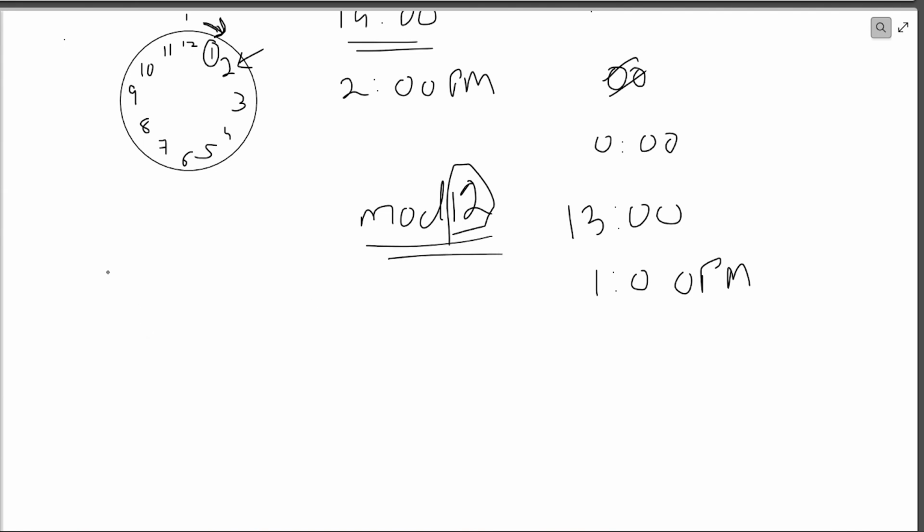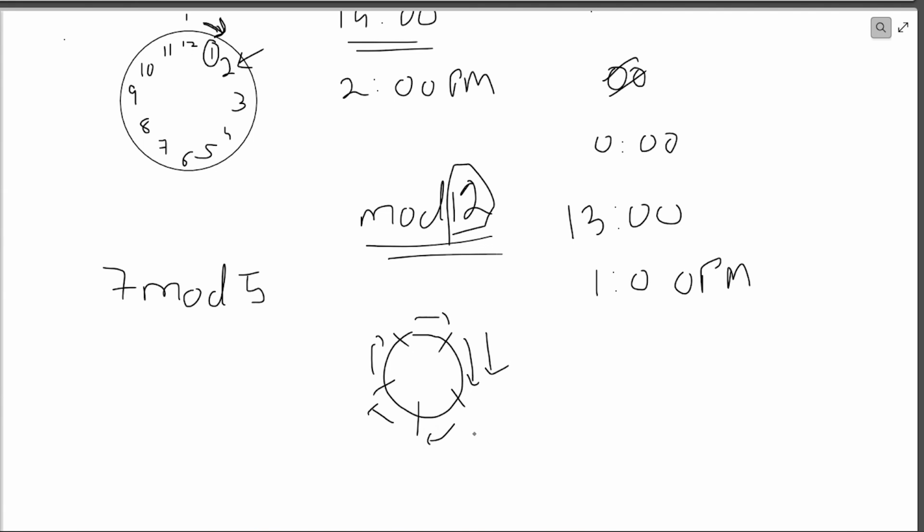So if I ask you what is 7 mod 5, you know that what we are essentially asking is that if we had a circle, let's say here, which only had 5 units, and if I moved ahead on that circle 7 times, so 4, 5, 6, and 7.